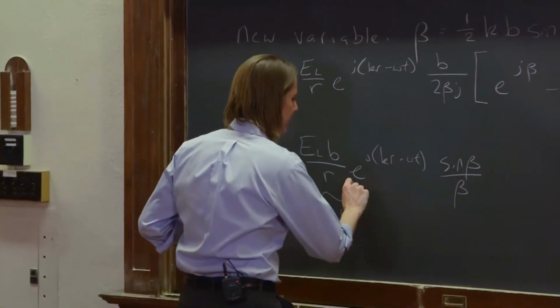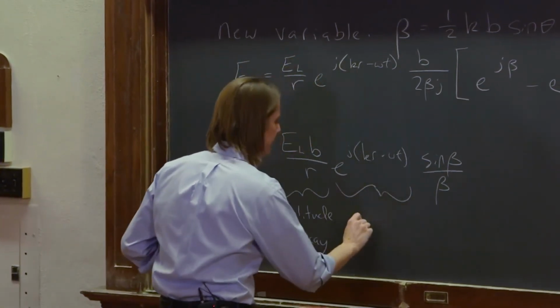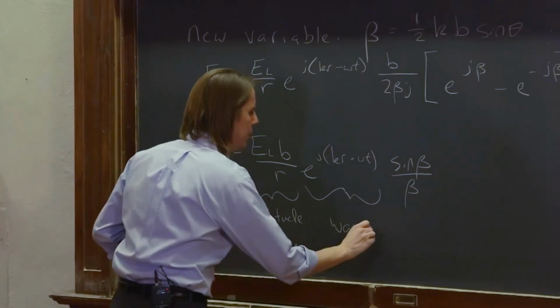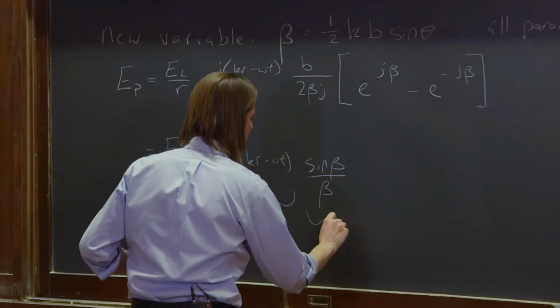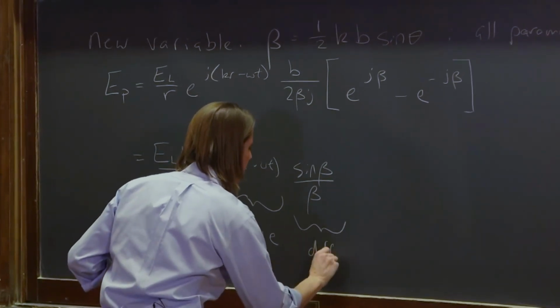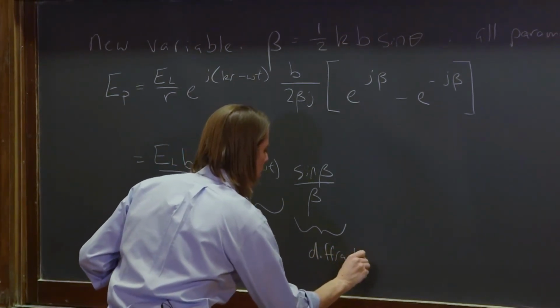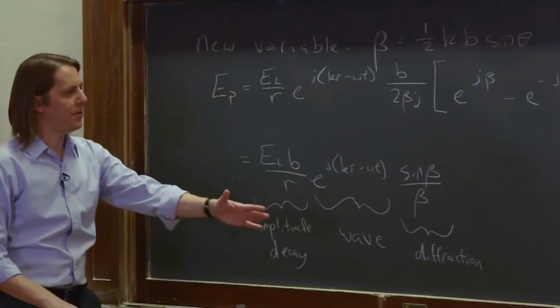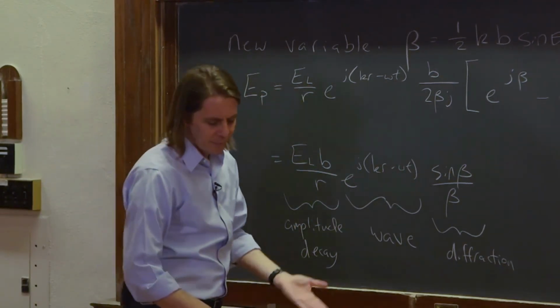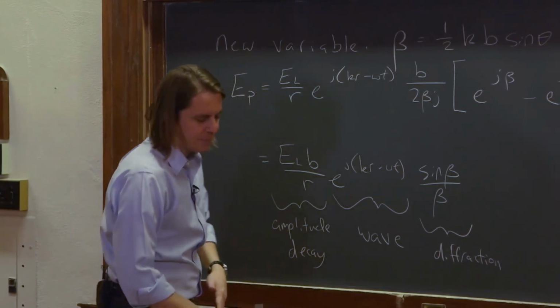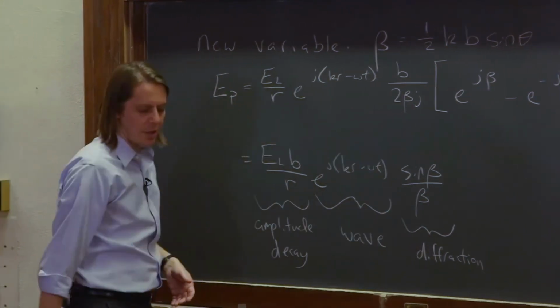This reminds us that this is a wave we're dealing with. Right, so this is the wave. This is the oscillating part. And then here, this is the diffraction part. This is how the pattern varies in terms of theta and the wavelength and the width b. So this is sort of the pattern you're going to see on the screen.